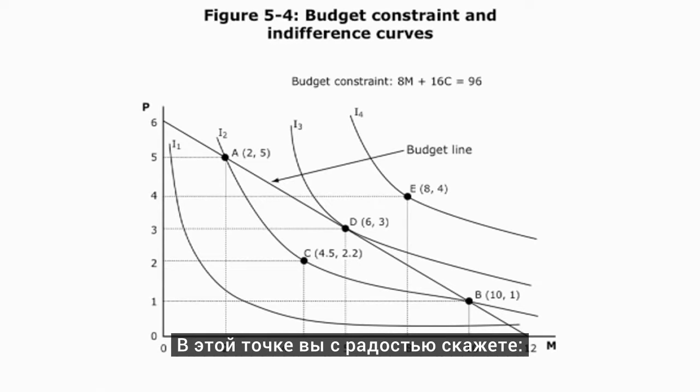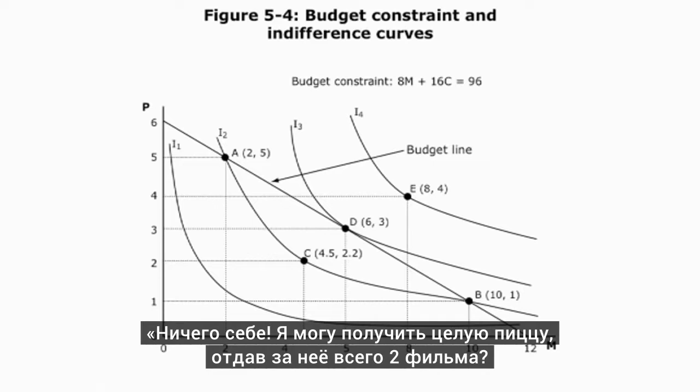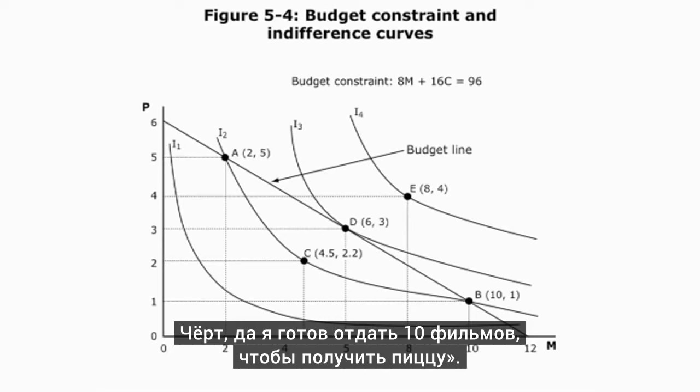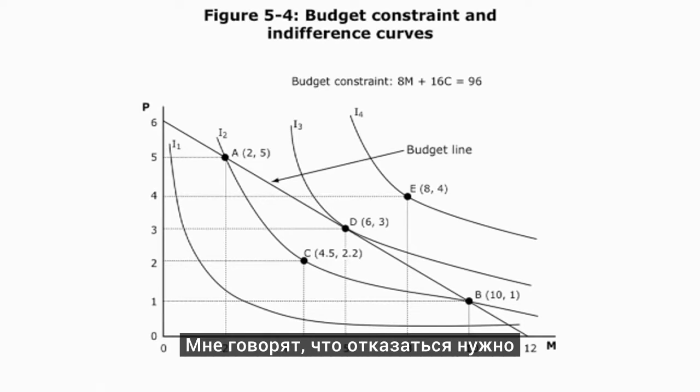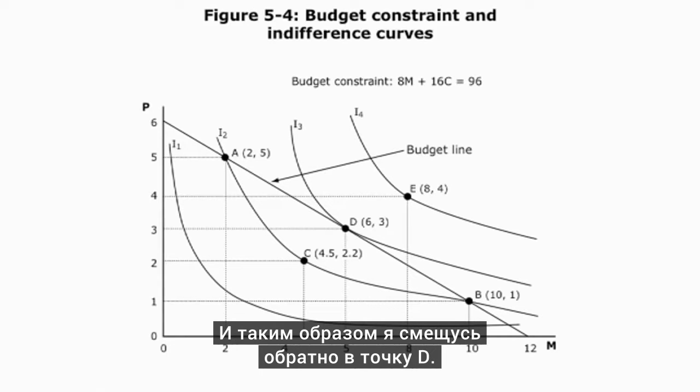You're clearly at that point happy to say, wow, you mean that I can gain a whole pizza by just giving up 2 movies? Heck, I'd be willing to give up 10 movies to get a pizza. At the point I'm at right there, I'd be willing to give up 10 movies to get a pizza. You're telling me I only have to give up 2 movies to get a pizza? Great. I'm going to do that trade. I'm going to move back towards point D.